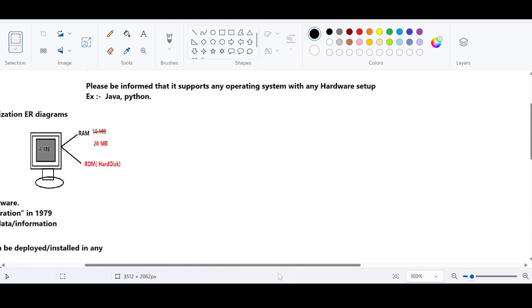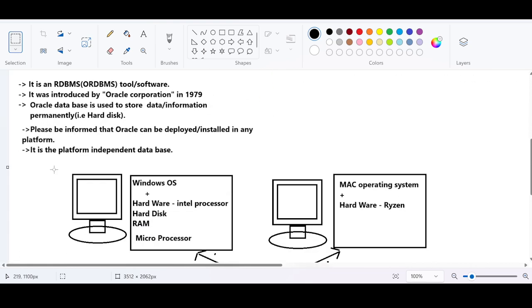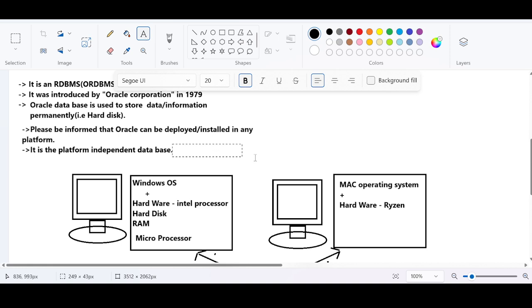Right? Since Oracle is a platform independent database, it can be installed on any platform.